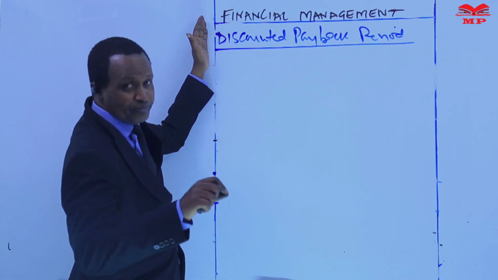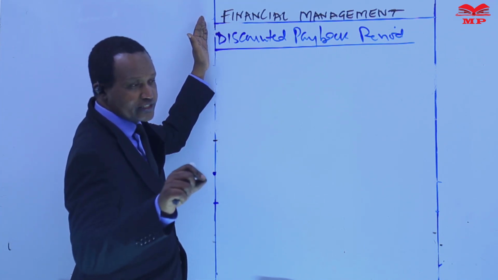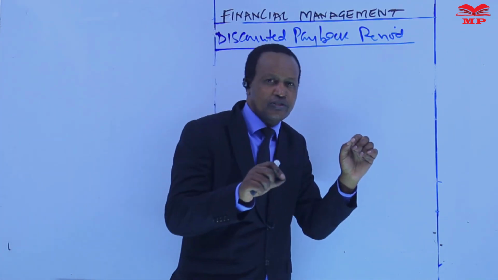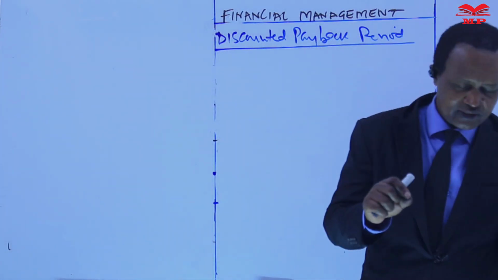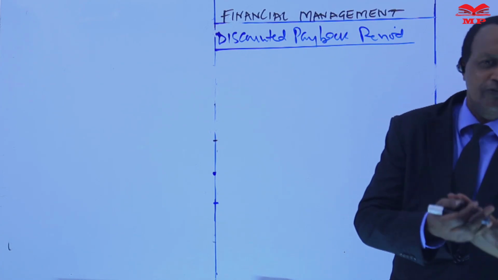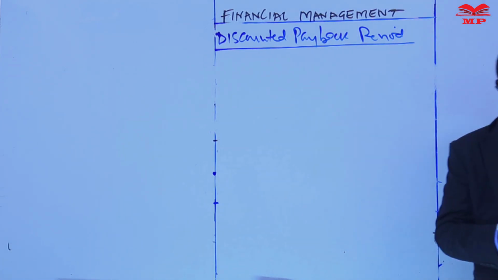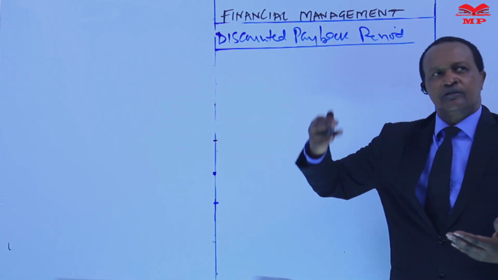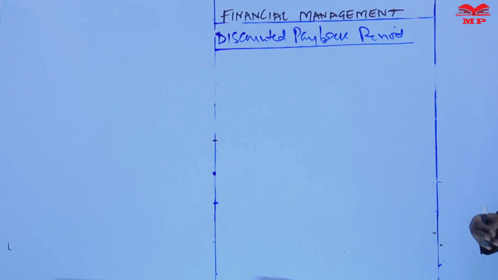And the discounted payback period is an improvement over the payback period method in the sense that it takes time value of money into account and discounts all the future cash flows or payments into a present value using the cost of capital as a discount rate.